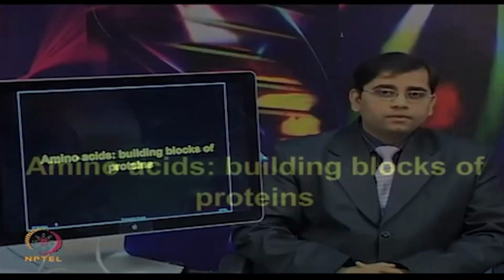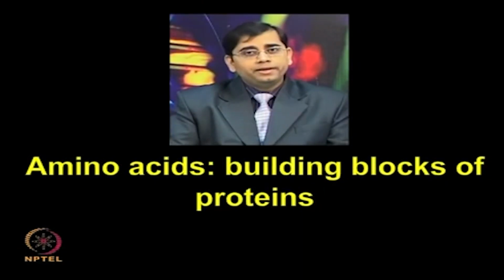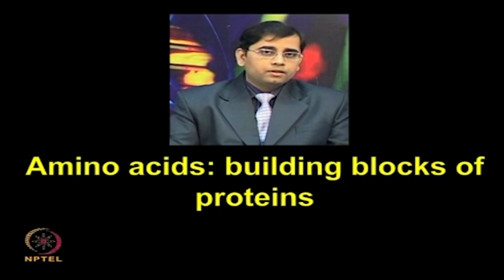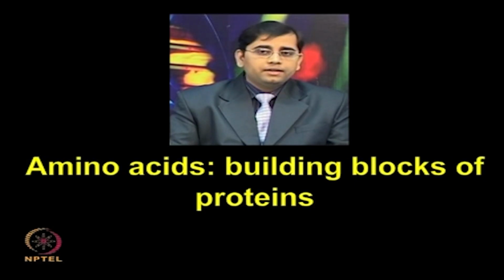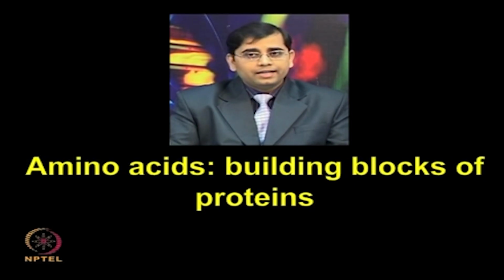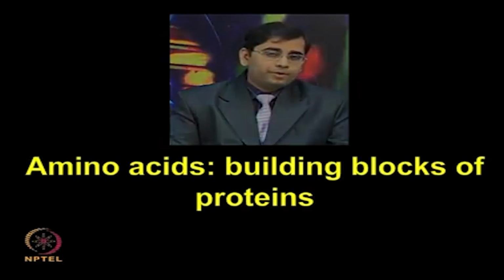Amino acids, the building blocks of proteins. Amino acids constitute the basic monomeric unit of proteins, which are joined by peptide bonds. The 20 standard amino acids can be arranged in several ways, giving rise to numerous proteins having different structural and functional properties.